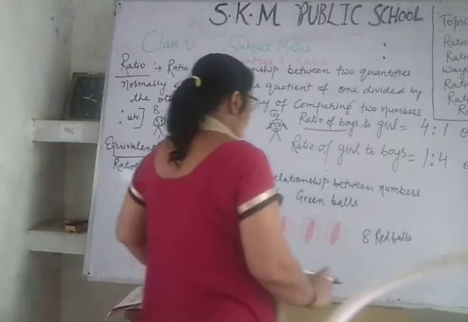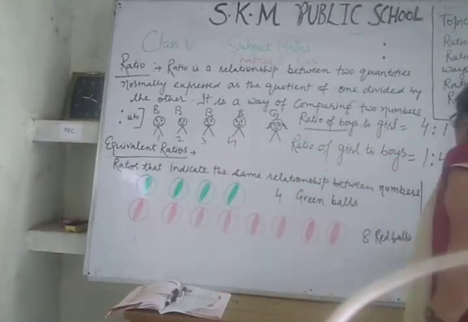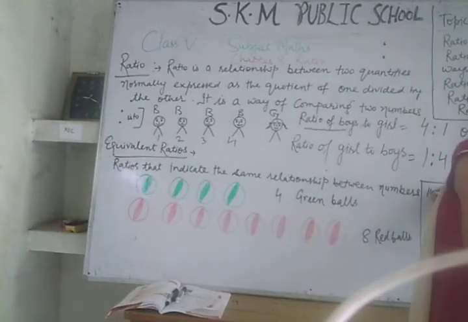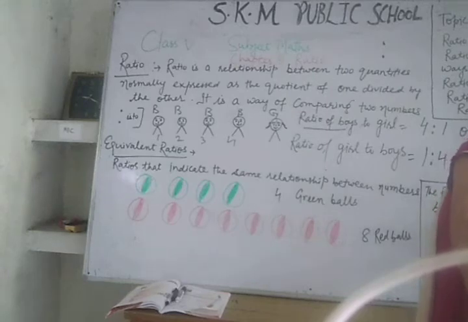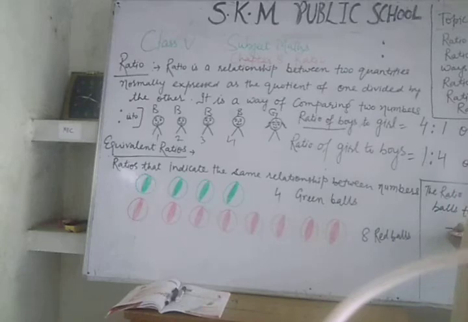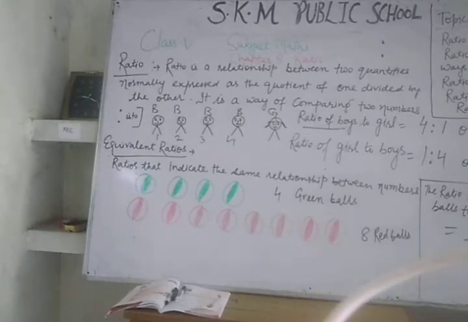The ratio of green balls to red balls. So green comes first. So green balls are 4 and red balls are 8.